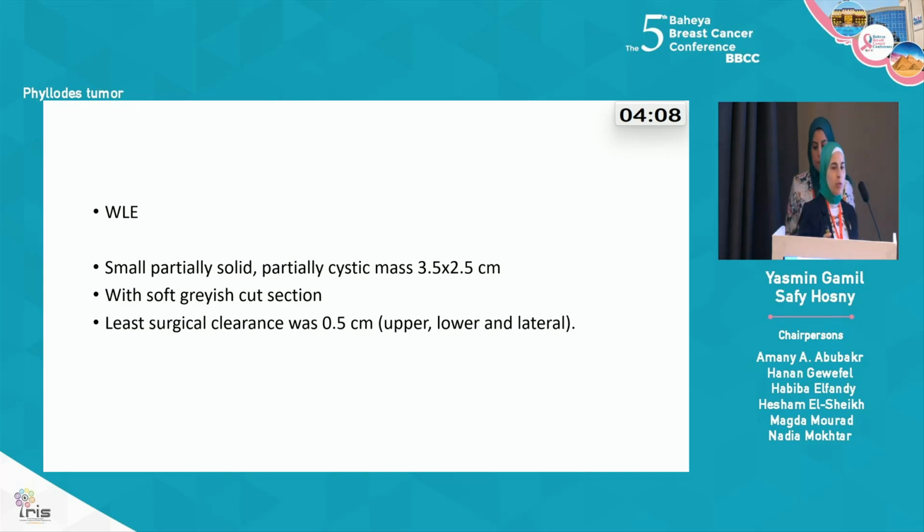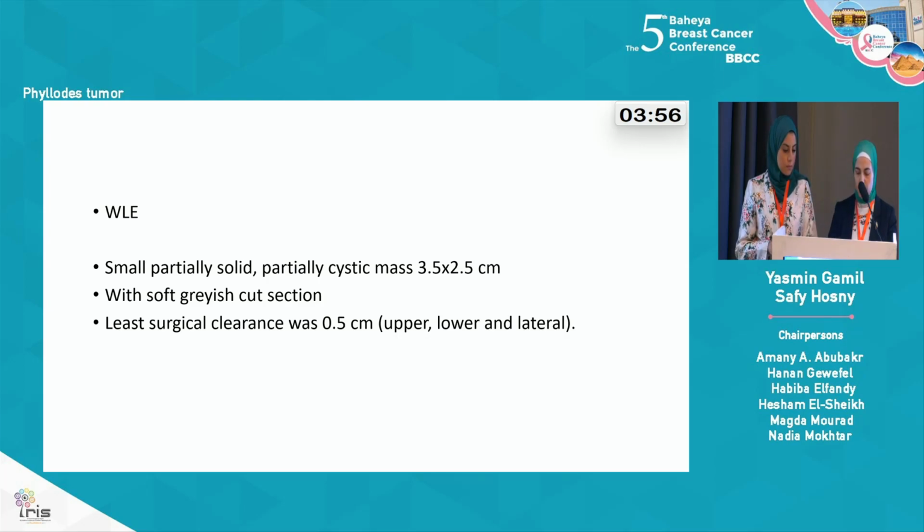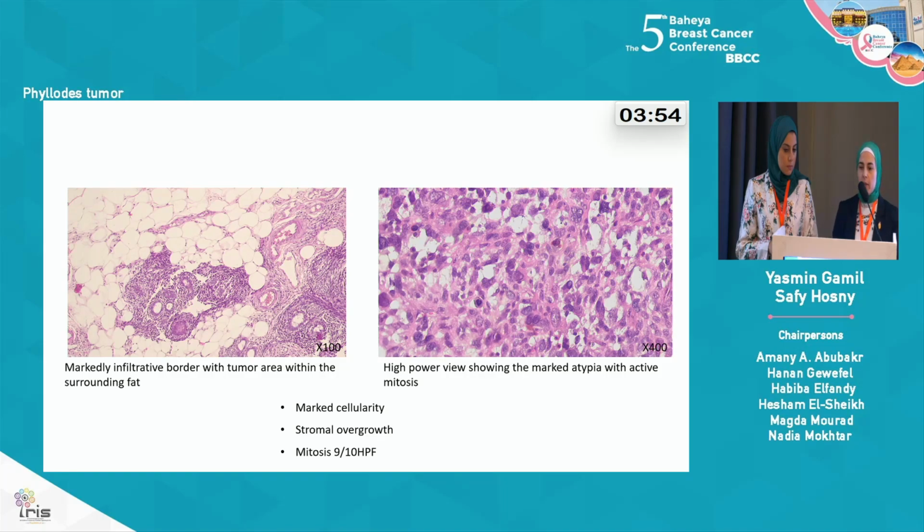The patient underwent wide local excision. It was a rather small, solid, partially cystic mass, 3.5 by 2.5 centimeters, and the least surgical clearance was 0.5 centimeter regarding the upper, lower, and lateral edges. And these are the histological pictures. We can see a marked infiltrative border where the tumor lies completely within the surrounding fat, and the high power view shows marked atypia and active mitosis.